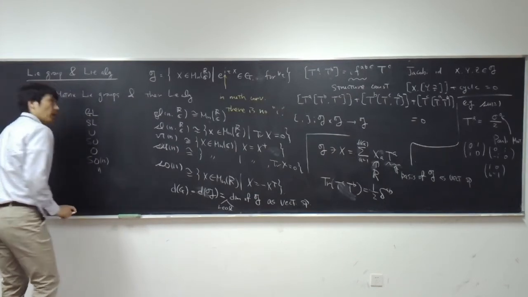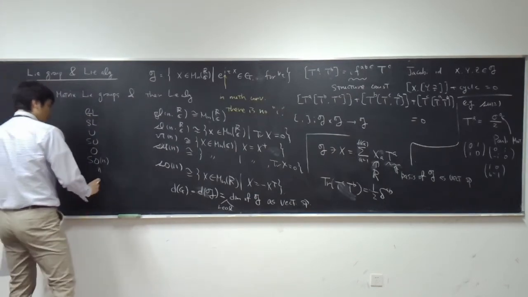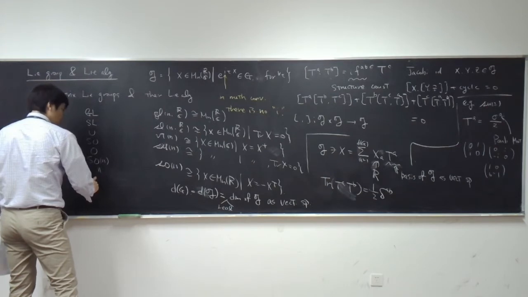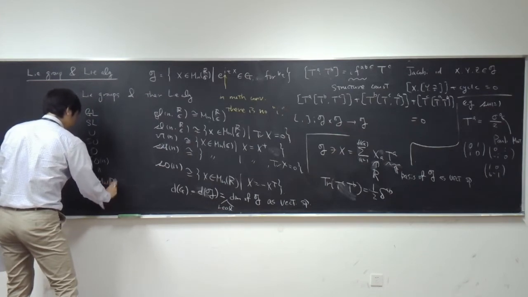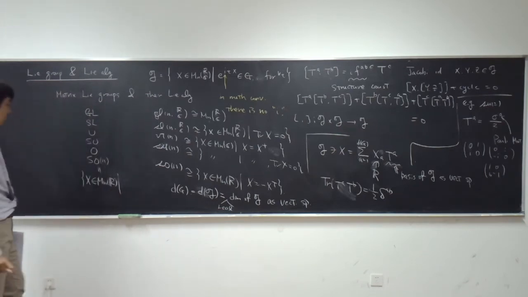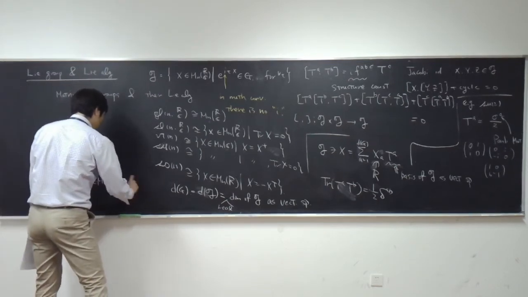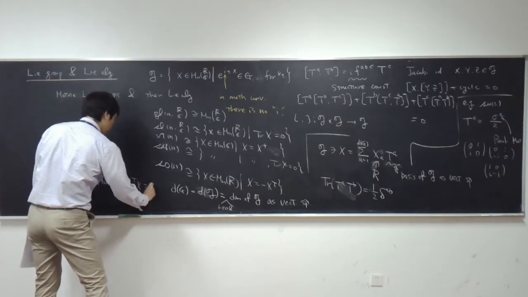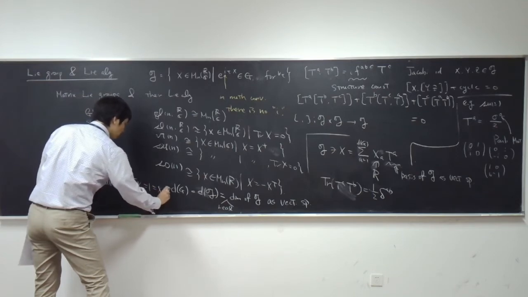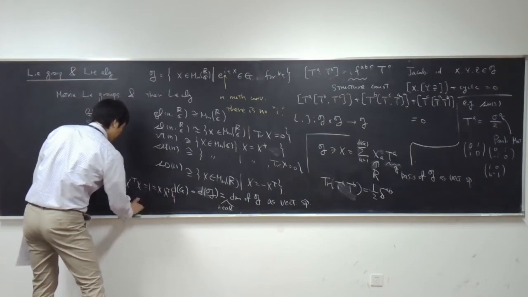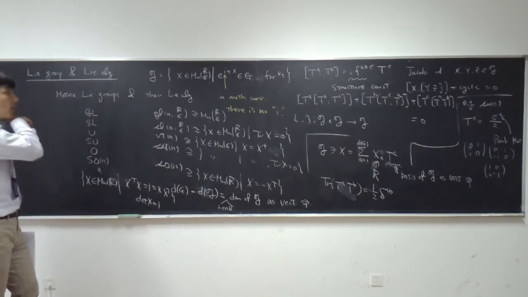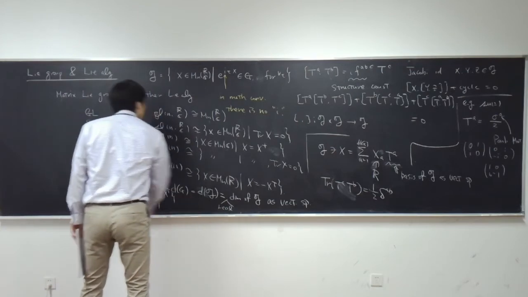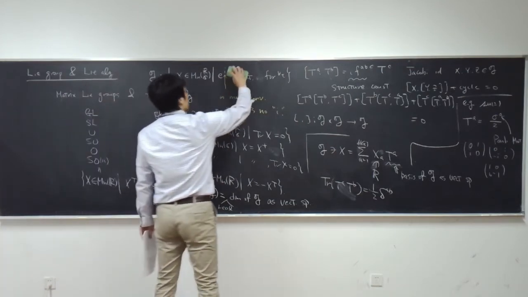SO(n) is the exponential of x, where x is in n by n real matrices such that x transpose x is equal to 1, and the determinant is 1. And here we take e to the itx.